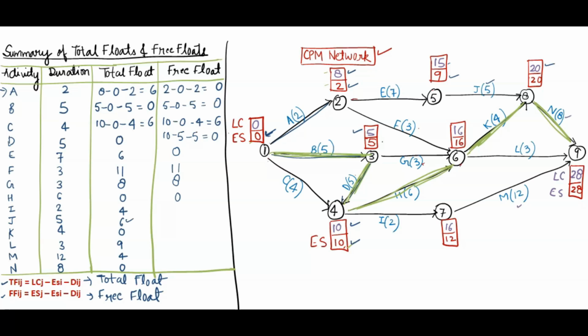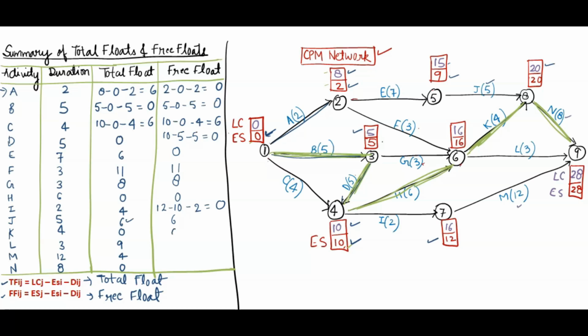Okay. Let's check I activity. So for I activity ES is 12 and here ES is 10. 12 minus 10 and then duration we have here as 2. So here we will get 0. Okay. Similarly J 6, fine.